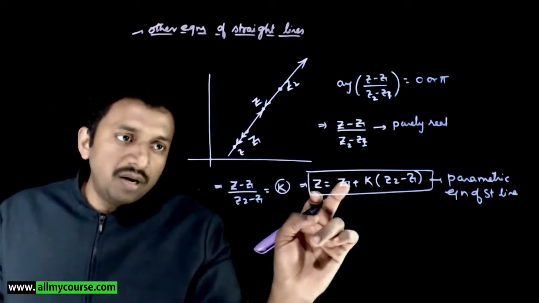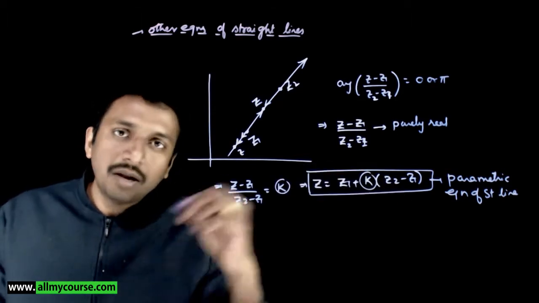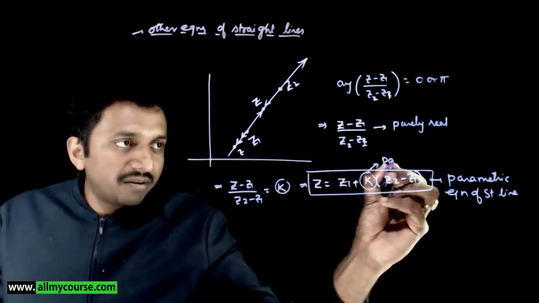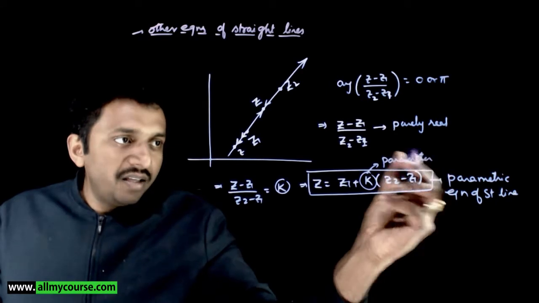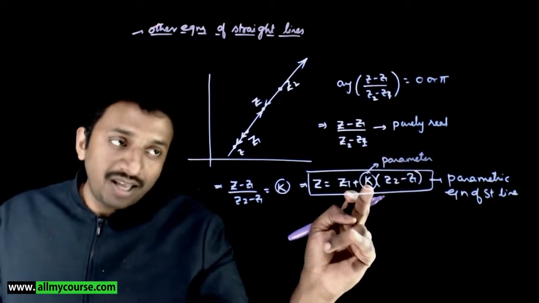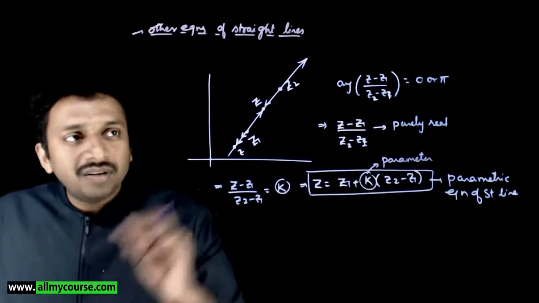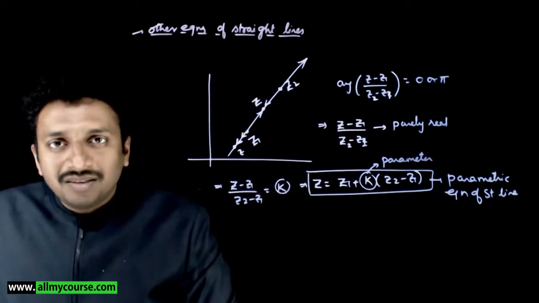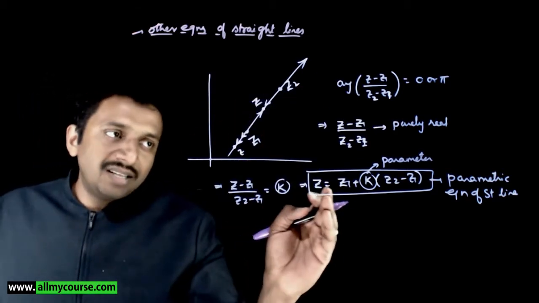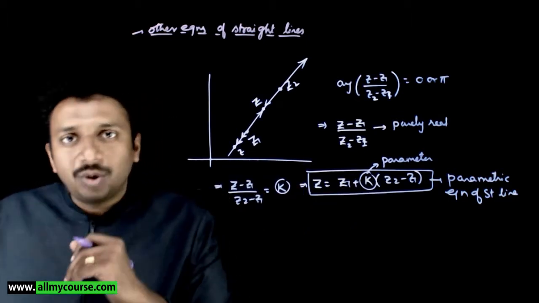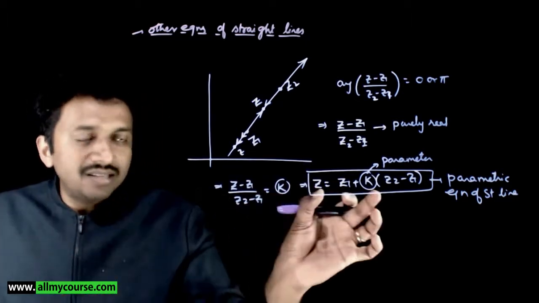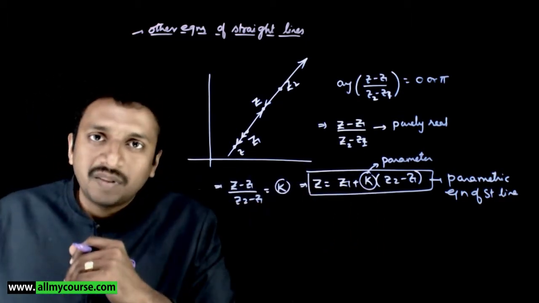So z will be equal to z1 plus some real constant. This is a parameter. That is, if you put different values for k, you get different values of complex numbers on this line. So z is equal to z1 plus k times (z2 minus z1). This is the parametric equation of straight line.